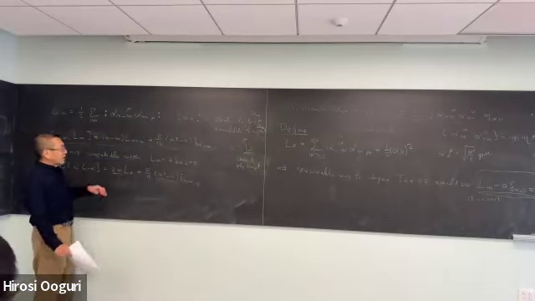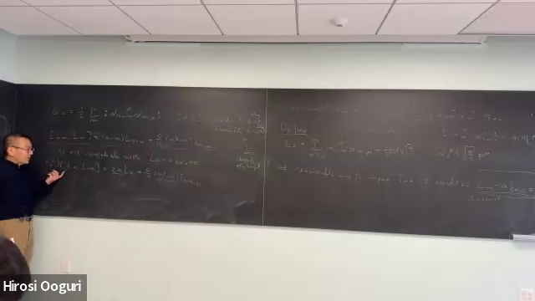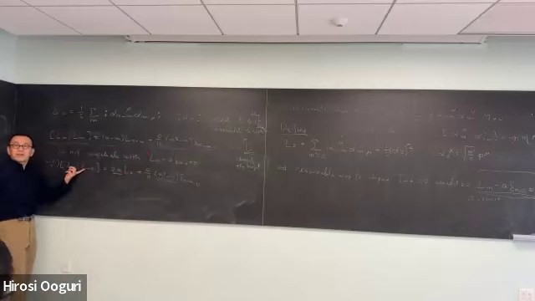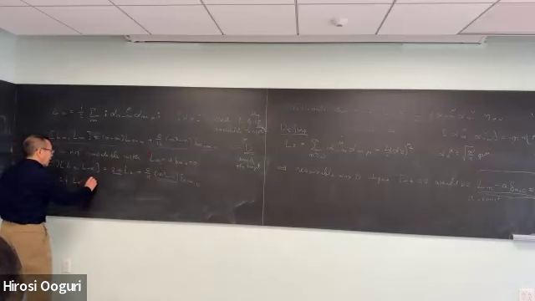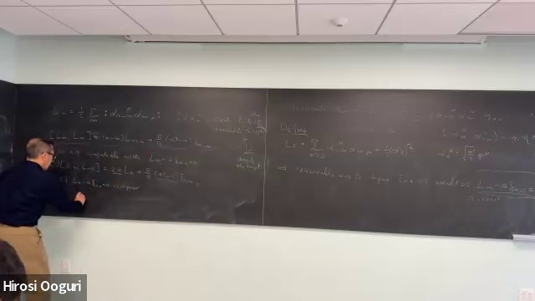Because if you impose this condition, the left-hand side will be 0, because you only shift by a constant, and a constant commutes with everything by definition. So if Ln minus A delta n,0 is imposed, the left-hand side is equal to 0.